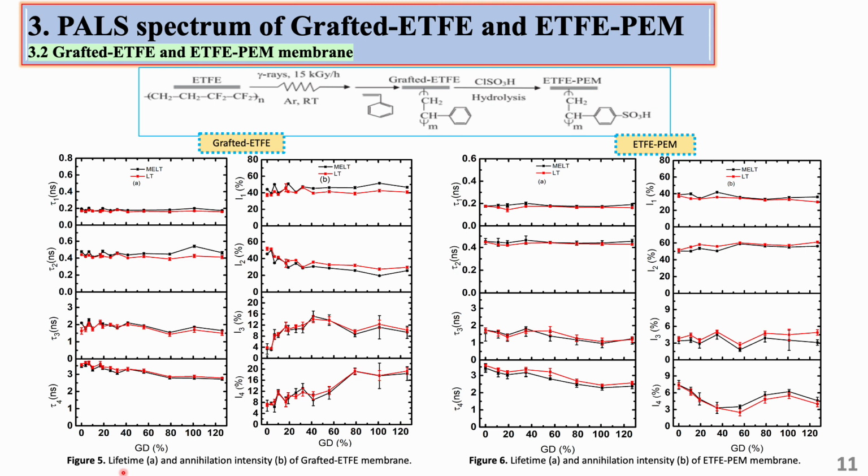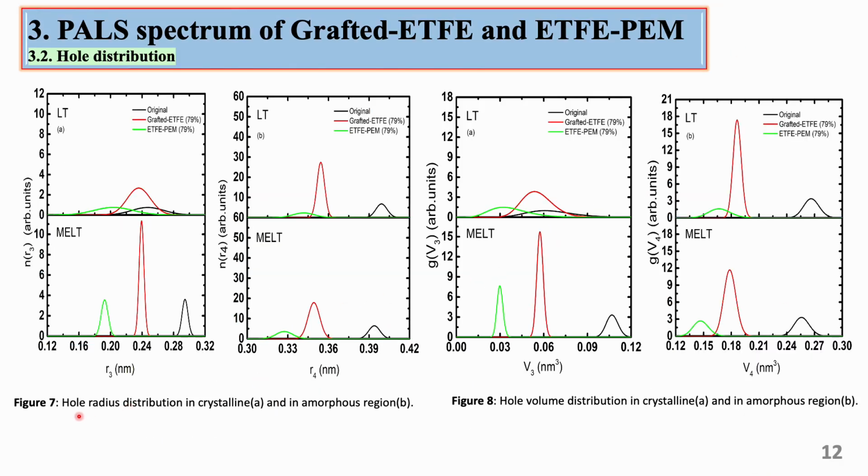Figure 5. Lifetime τ and annihilation intensity I of grafted ETFE membrane. This is the degree of grafting. Figure 6. Lifetime τ and annihilation intensity I of ETFE PEM membrane. Figure 7.